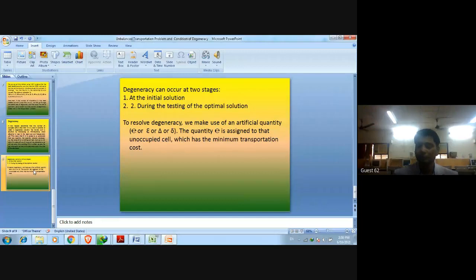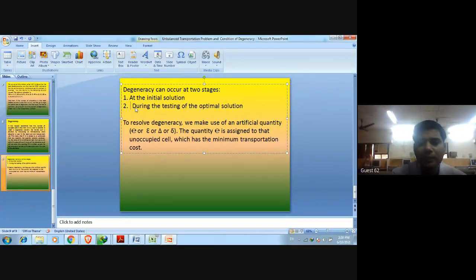If the condition does not exist, then your transportation problem is a degenerate problem. The second one is during the optimality test. When you check the optimality, this problem can arise, that your transportation problem could be degenerate. So in these 2 stages, you have to check the degeneracy case.